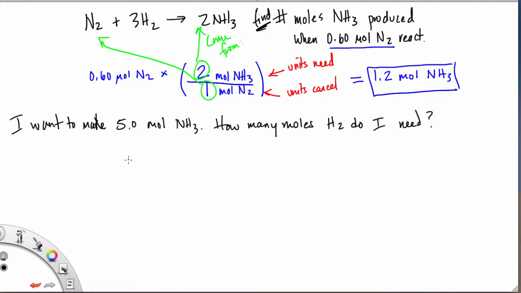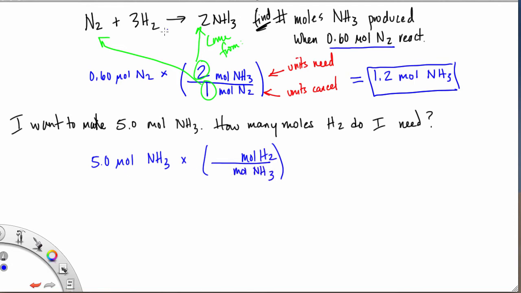So if I want to make 5 moles of ammonia, that's my given quantity. So I'll start out with 5 moles of ammonia. I want to find out moles of hydrogen, so that goes on the top of my conversion factor. Moles of ammonia needs to cancel, so it goes on the bottom.